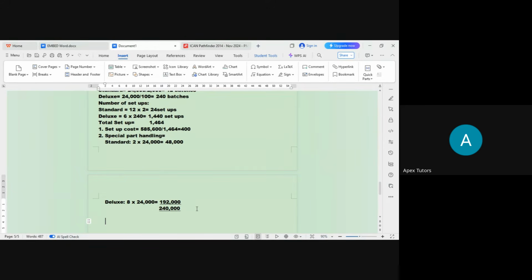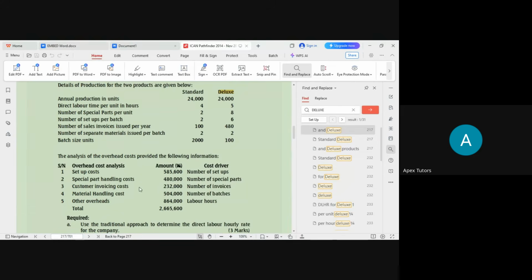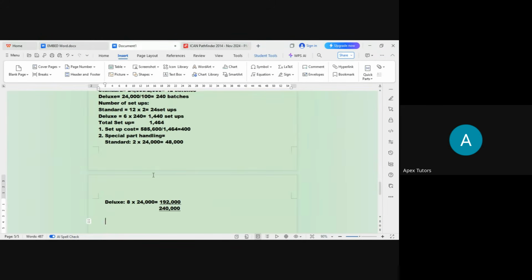So the total cost in relation to special part handling is what? The amount, 480,000. So 480,000 divided by what? By 240. So the cost driver rate will be what? 2. Cost driver rate will be 2.